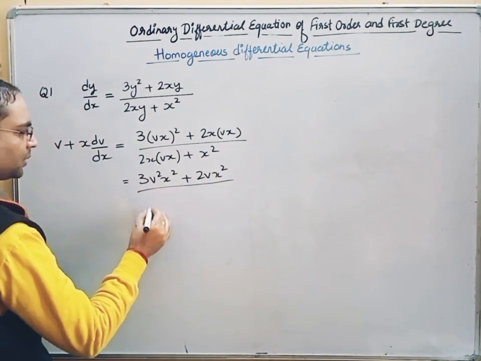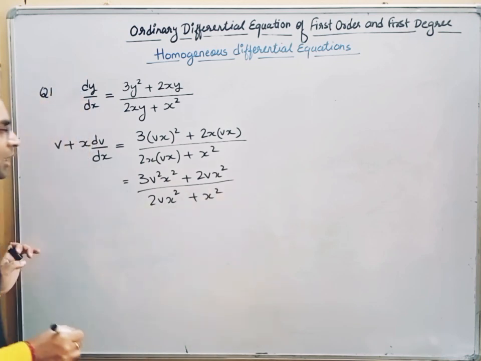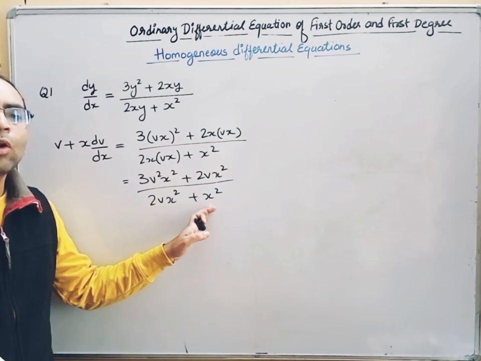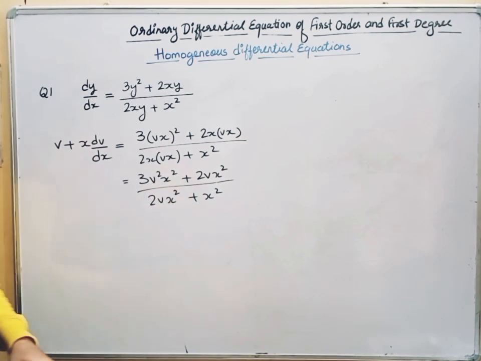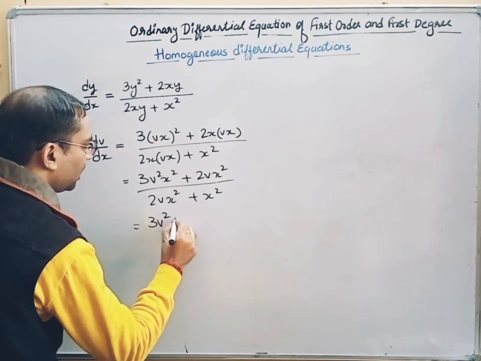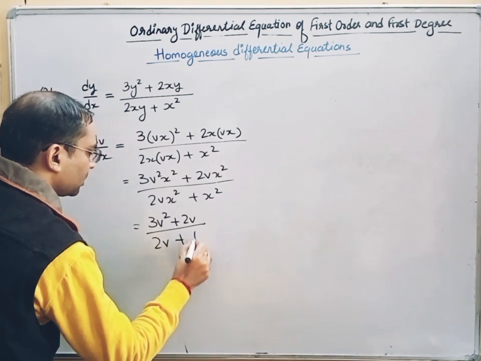In the denominator, this is 2v x square plus x square. You can take x square common from the numerator and the denominator, and this will cancel out. So this will remain 3v square plus 2v divided by 2v plus 1.